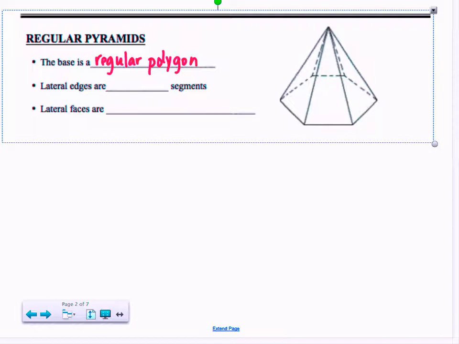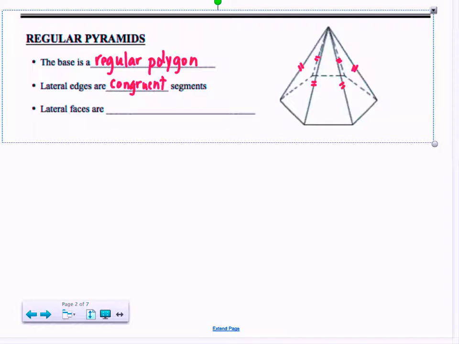Now, since it's a regular pyramid, not only is the base a regular polygon, but all of the lateral edges are congruent segments. So if I mark those, that would now mean that I could change the shape of the lateral face.